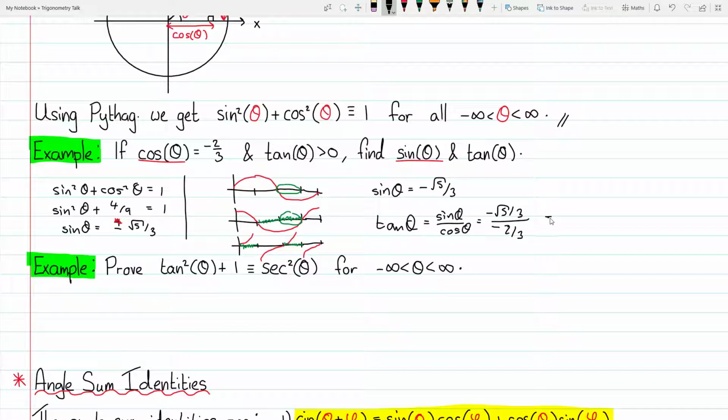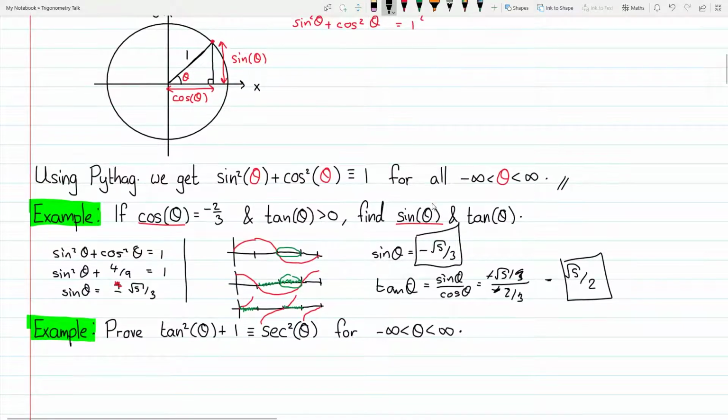And we can simplify this by cancelling the negatives and also cancelling the 3s. And this gives us the square root of 5 over 2. And so these are our two answers, if you will. So this is just another example of why our graphing section was useful, but also how we can use this Pythagorean identity.